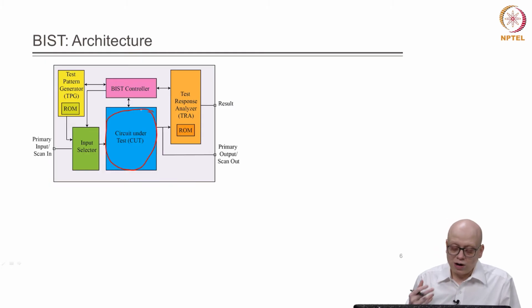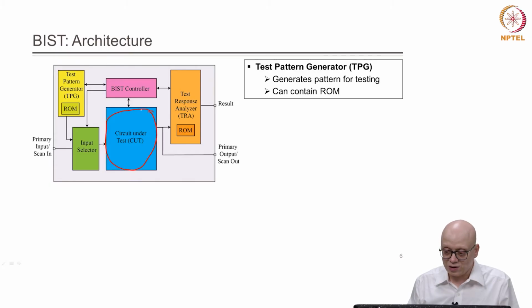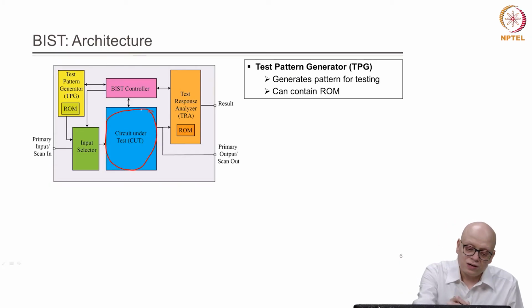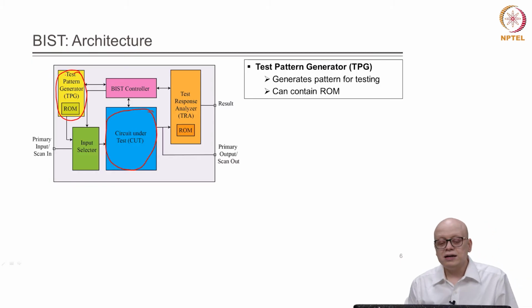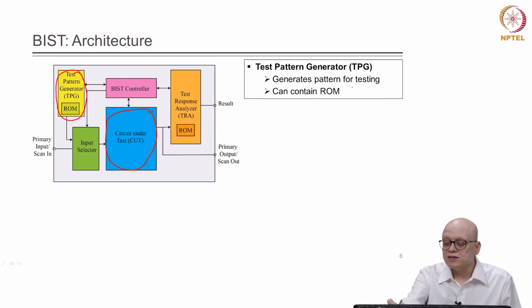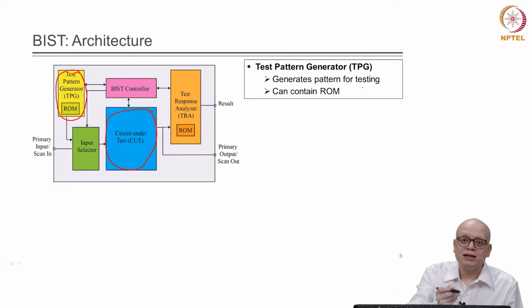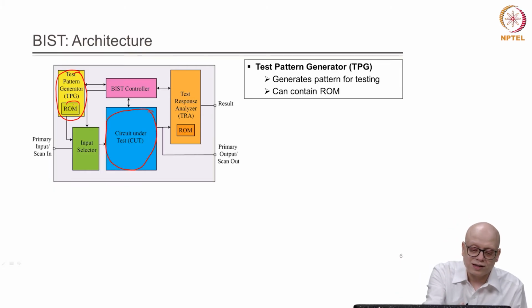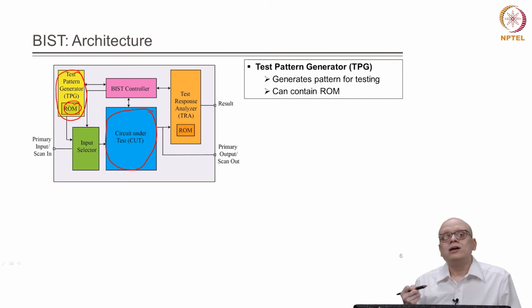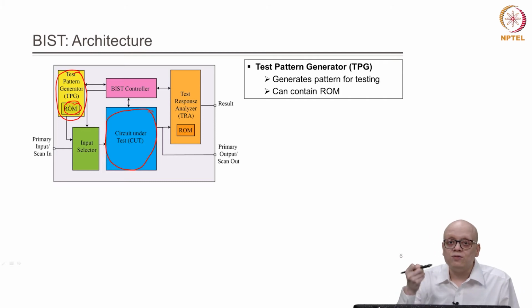Now, what are these extra infrastructures that we need to add? So, the first one is the test pattern generator, right. The test pattern generator generates the test patterns for testing and it can also contain a small size ROM, right, to target some specific faults in our circuit.